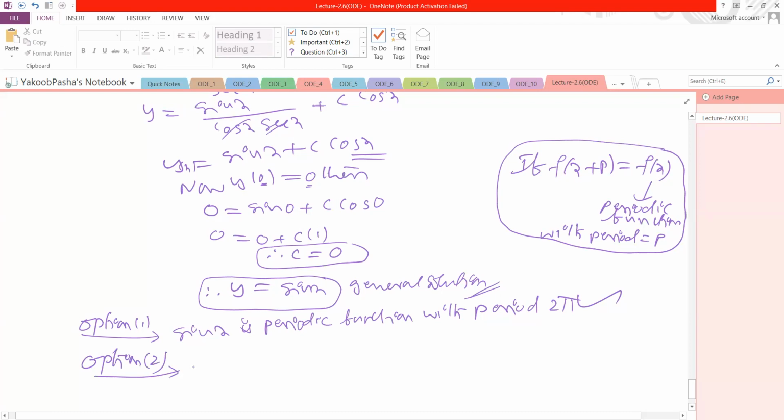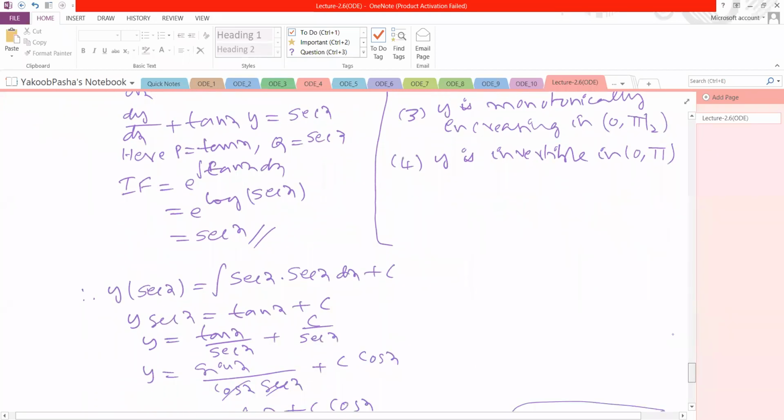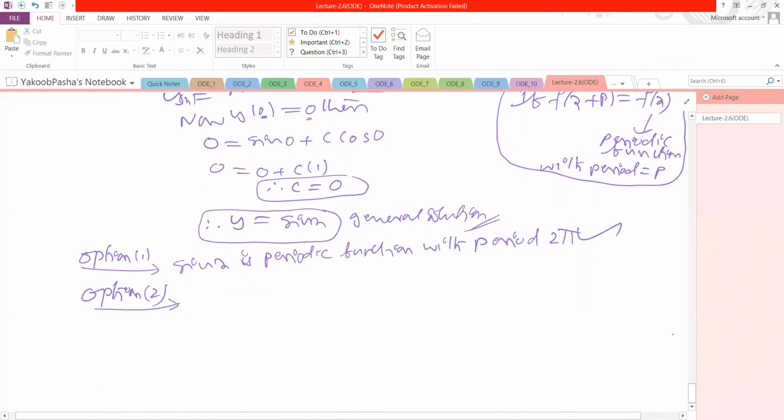What is the second option here? Y is positive in the open interval 0, pi. Now we can construct quadrants. Here it is the first quadrant, this is the second quadrant, origin, third, and the fourth quadrant. 0 to pi/2 means first quadrant, where all trigonometric functions are positive.